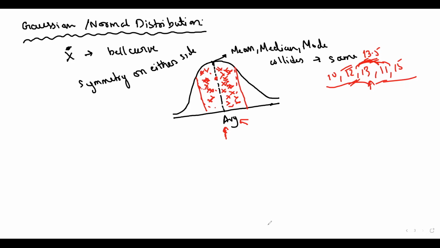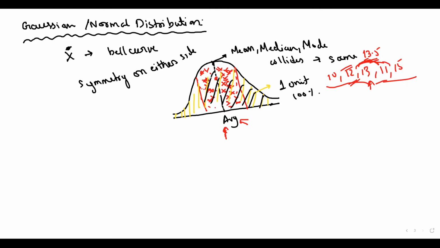Lastly, one of the final characteristics is the area under this particular curve. This is a curve, right? The area under this curve, if you measure it, is 1 unit, meaning 100%. So 100% of the data points will fall under this area.